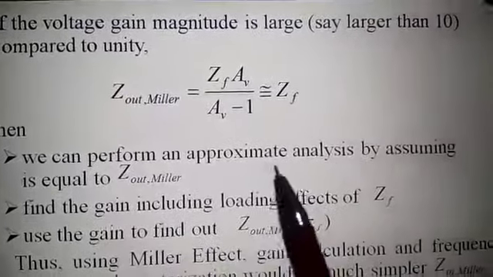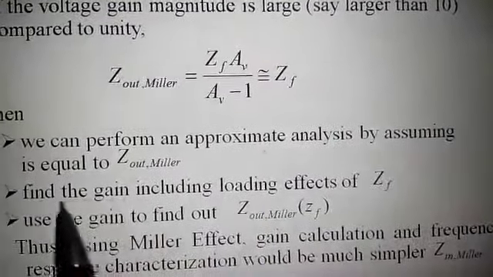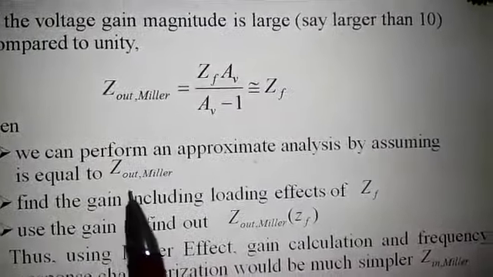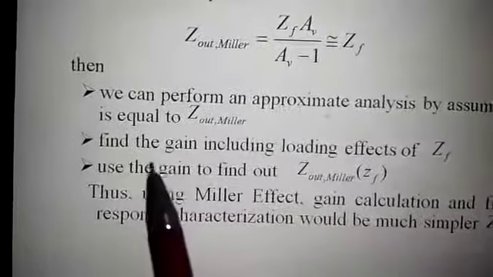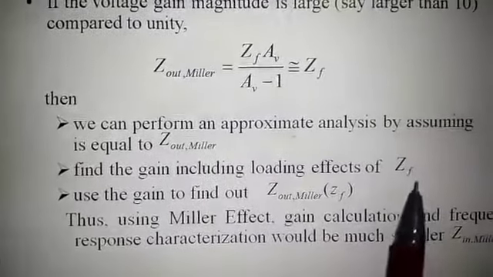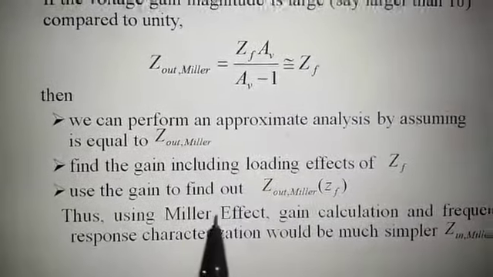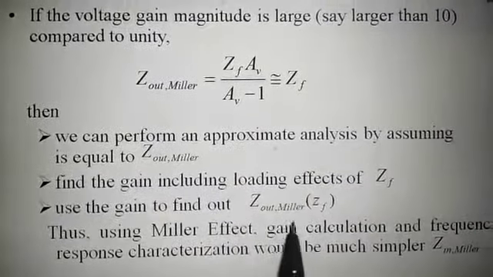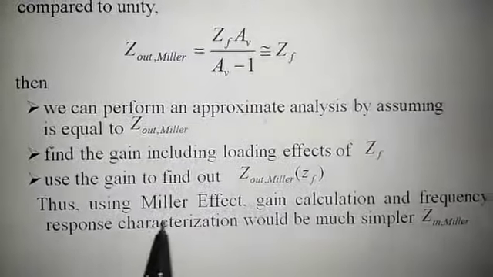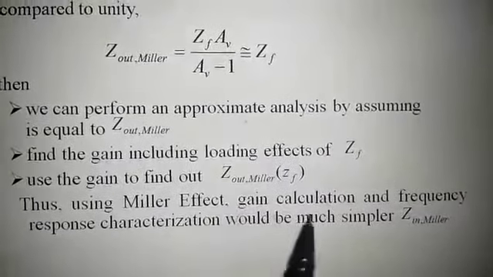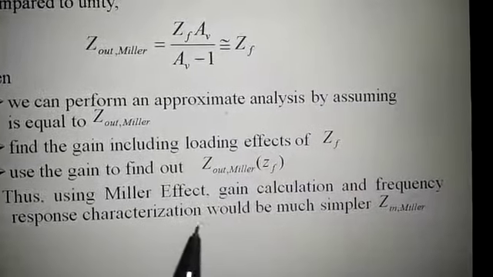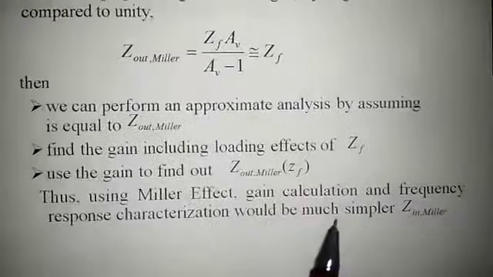Then we can perform an approximate analysis by assuming ZF is equal to Z out Miller. Find the gain including loading effects of ZF, then use the gain to find Z in Miller. Thus, using the Miller effect, gain calculation and frequency response characterization would be much simpler.